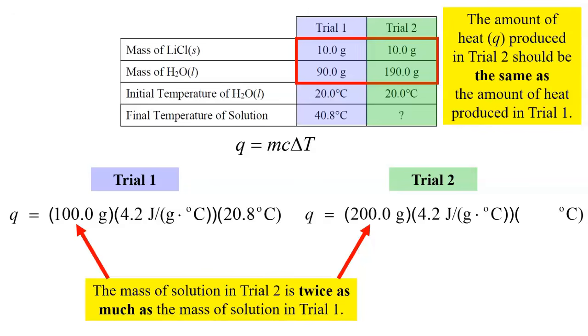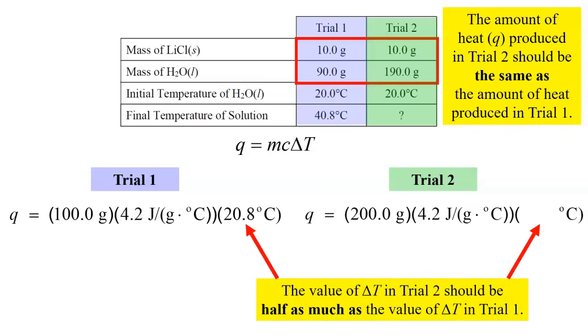So because the mass of the solution in trial 2 is twice as much as the mass of the solution in trial 1, then to keep these values of Q, or heat, the same, I can say that the delta T in trial 2 should be half as much as the value of delta T in trial 1. So what's half of 20.8? Well, half of 20.8 would be 10.4.